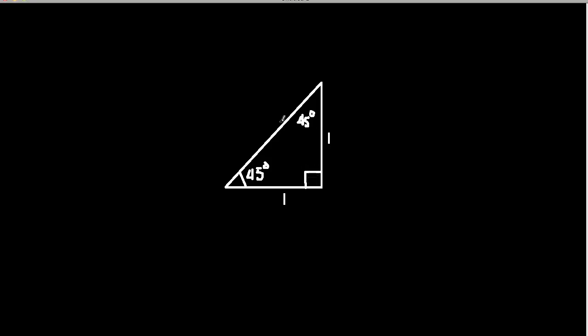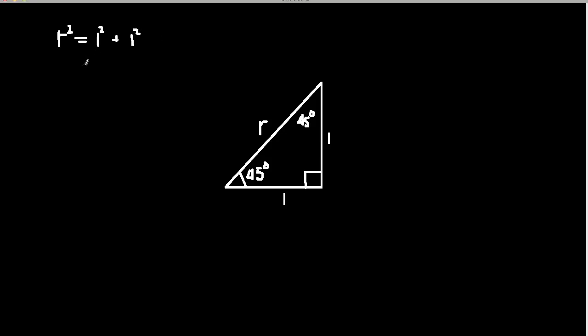Okay, now again by the Pythagorean theorem, if we want to compute this hypotenuse, let's call this r as the hypotenuse, we know that r squared is equal to 1 squared plus 1 squared.